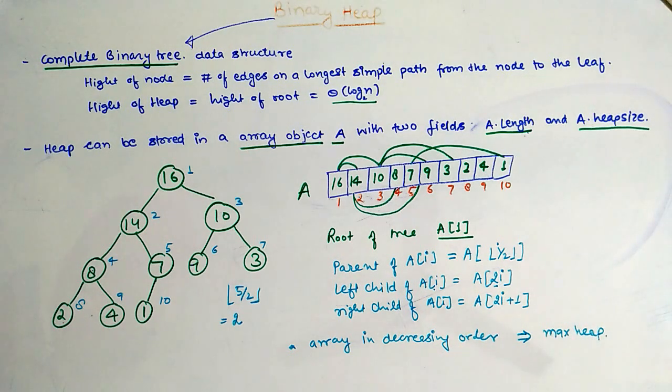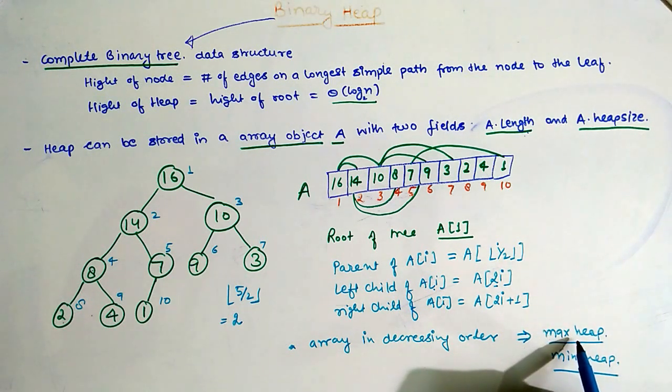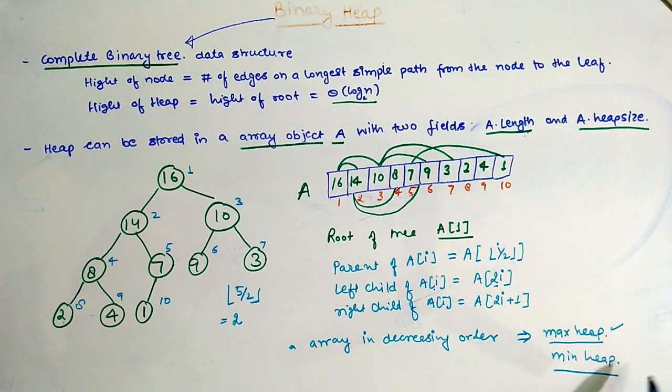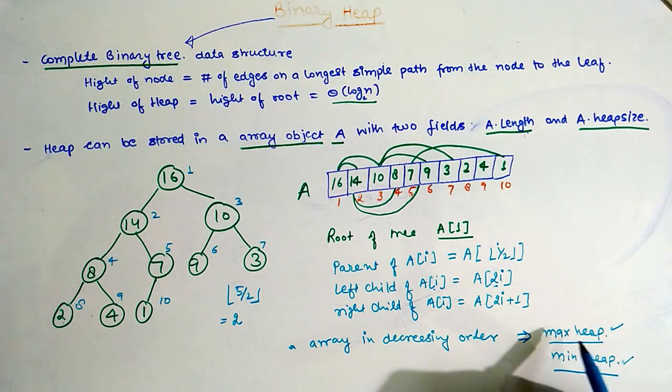There are two types of heap, one is max heap and the other is min heap. Max heaps are those heaps in which the root or parent always has the maximum value, and min heaps are those heaps in which the root always has the minimum value. So we have two types of binary heap available, one is max heap, the other is min heap.